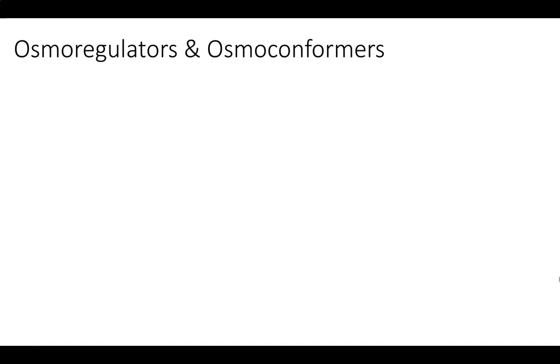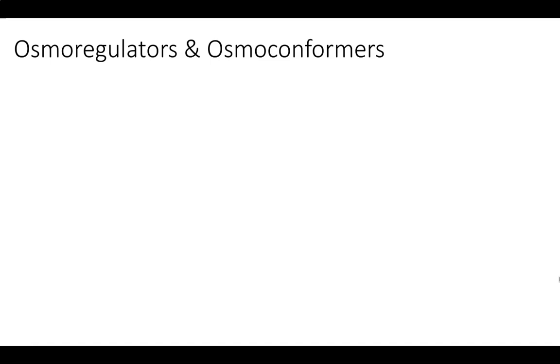So, osmoregulators and osmoconformers. Before we get into the big topics of this video, it might be helpful just to jump back a bit and get a wider view on everything that we're talking about.